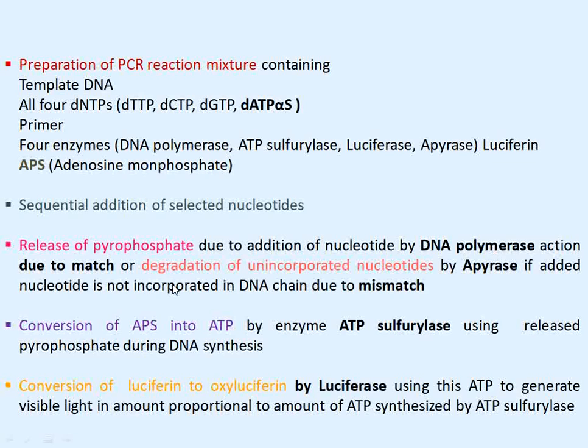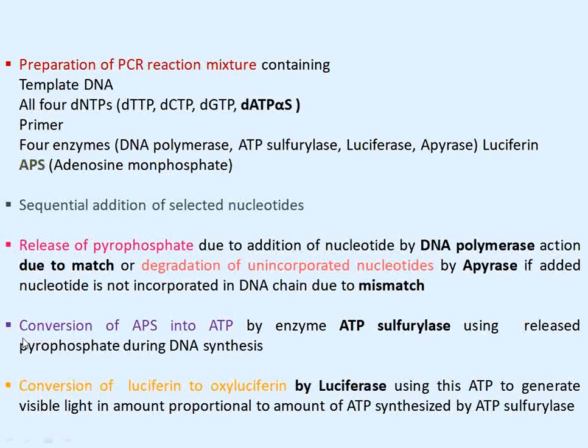Okay, or it will be degraded by the apyrase enzyme if it does not get incorporated into the DNA chain. So whenever it is not incorporated, it will be degraded by the apyrase enzyme if the added nucleotide is not incorporated in the DNA chain due to mismatch or non-complementarity.